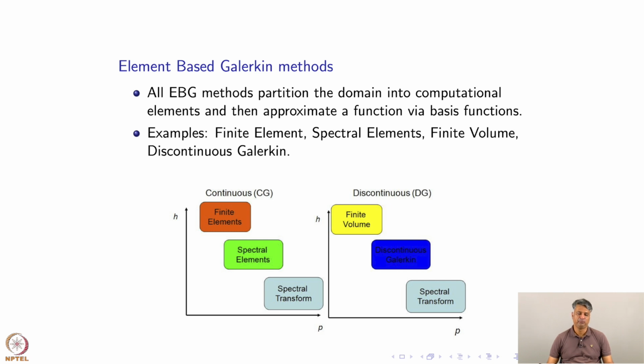And in the extreme case, where the entire domain is described only by polynomial approximations, you enter spectral transform. Similarly, on the discontinuous Galerkin side, for high H and low P, you have finite volume. For intermediate H and higher orders of P, you have discontinuous Galerkin. And finally, in the limit, it also converges to the spectral transform.